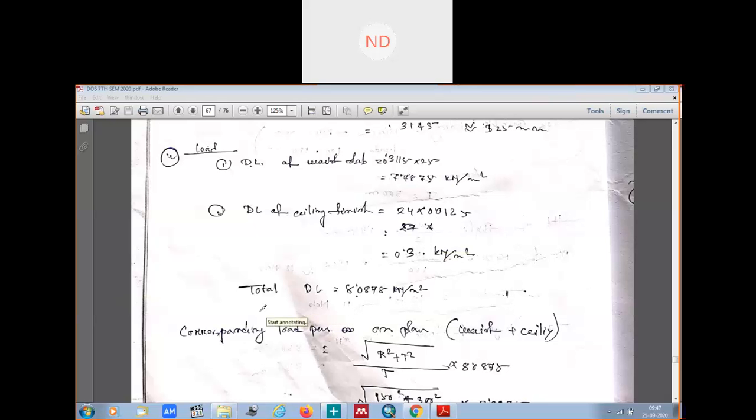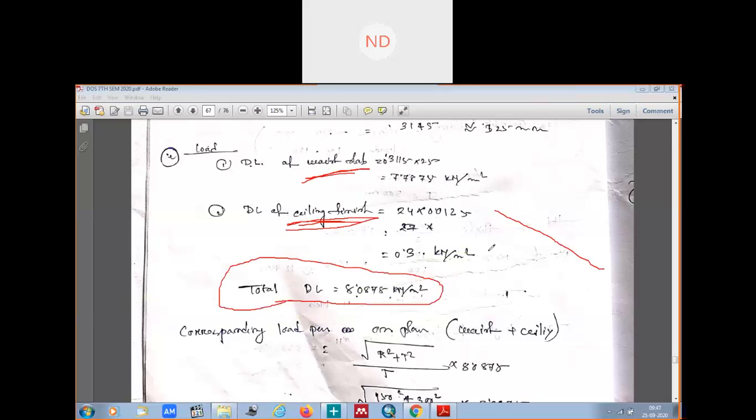So now the total dead load will be how much? This plus this. So this is our total dead load from the waist slab plus the ceiling finish. This is our waist slab.